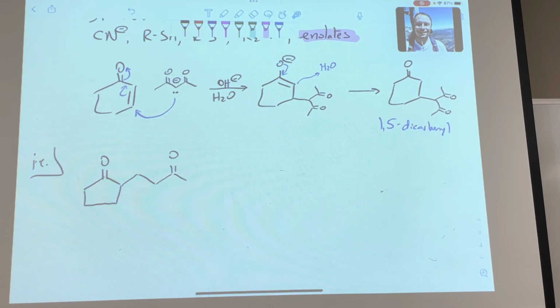So this is where you have to remember the fact that sometimes you can lose a carbonyl. Sometimes when you have those beta-dicarbonyl compounds, they can decarboxylate. So one way of breaking this up would be like that.